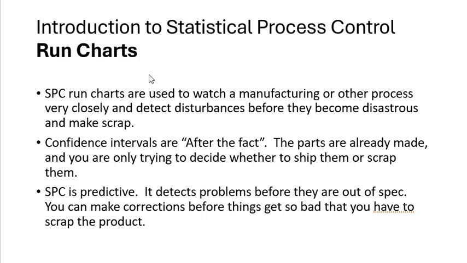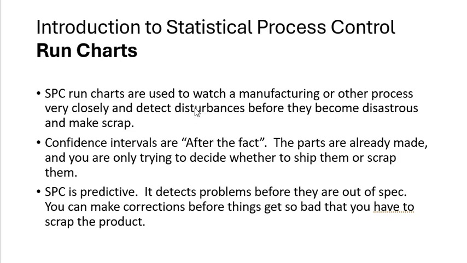Okay, then we'll get into your SPC run charts. The run charts, we use them to monitor the behavior of a process, again, over time. And it's going to help you to detect the trends, the shifts, or the cycles in a process. And what are we going to do? We're going to plot the data points, okay? The data that we collect from the manufacturing or from the factory process, whatever your process data of interest.